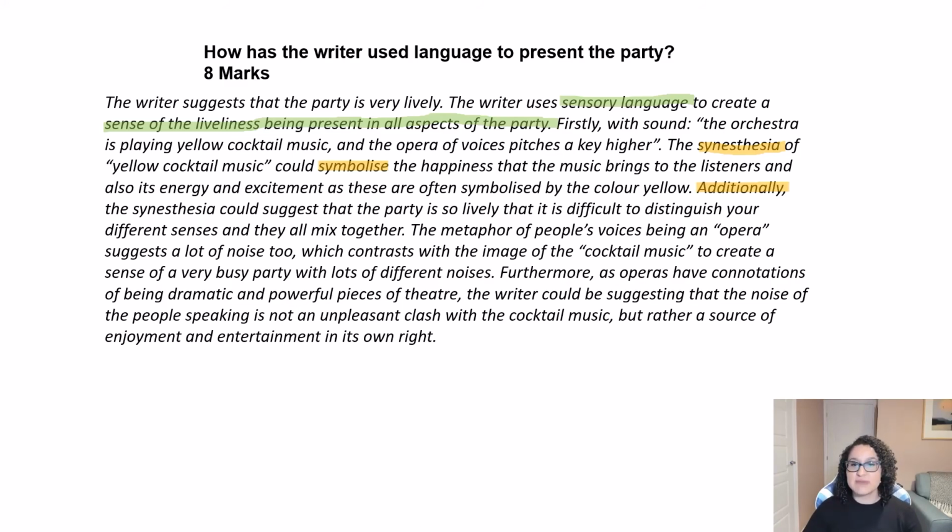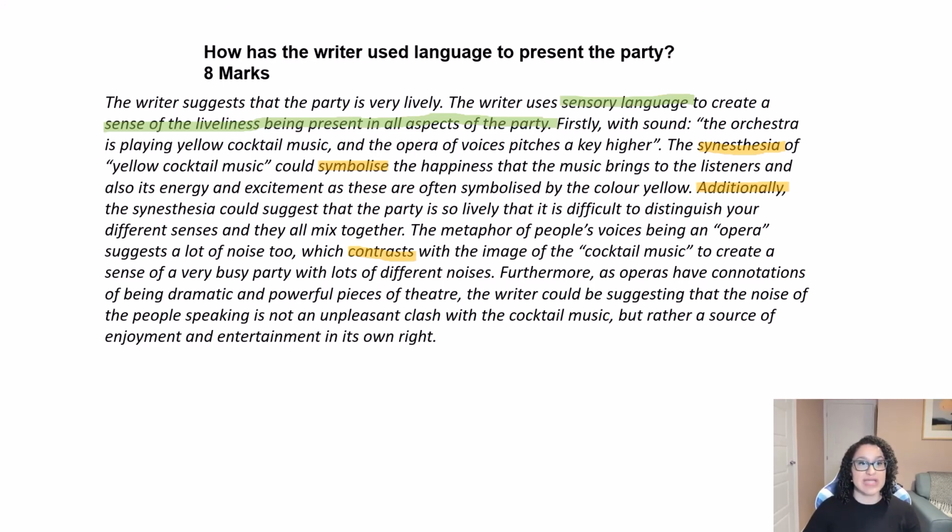The metaphor of people's voices being an opera suggests a lot of noise too, which contrasts with the image of the cocktail music to create a sense of a very busy party with lots of different noises. So again, we've just got zooming in on another part of this quote we had before, of the orchestra playing yellow cocktail music and the opera voices pitches a key higher.